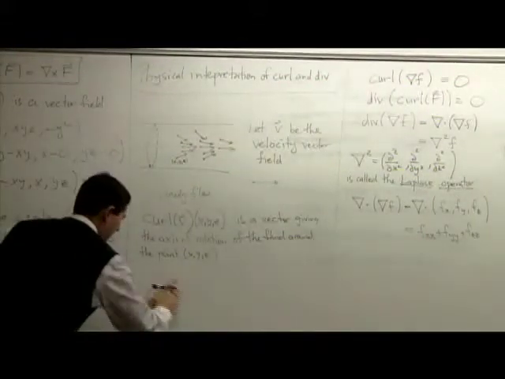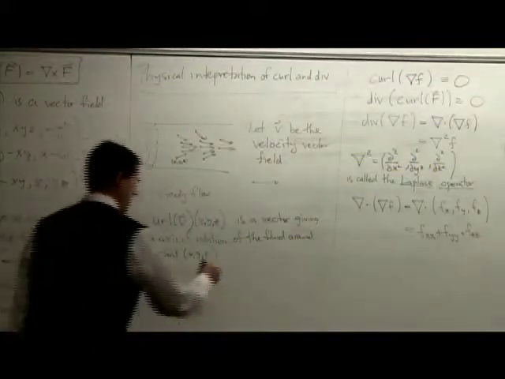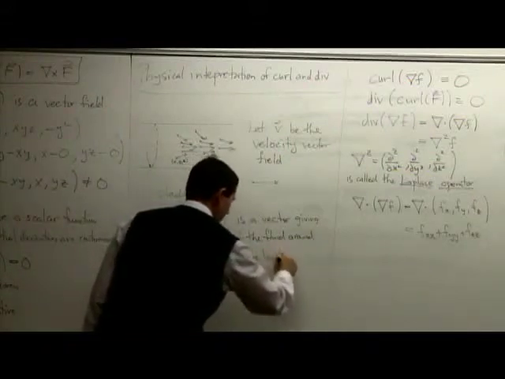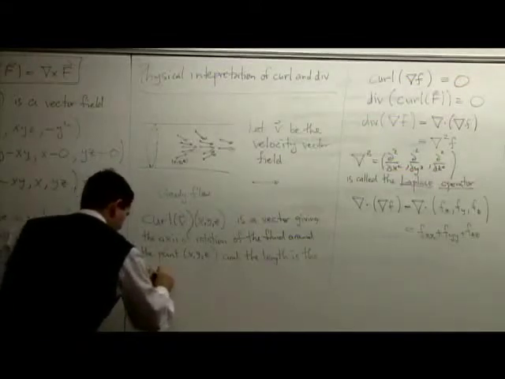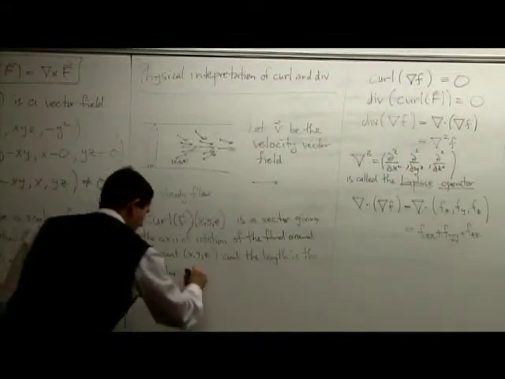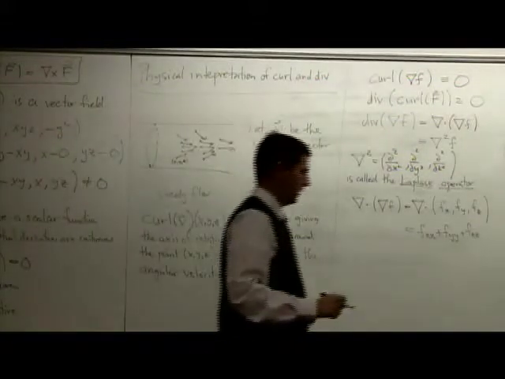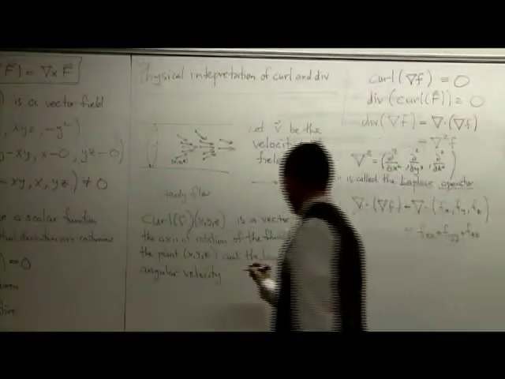Okay, so let me erase this, and I can say the vector gives the axis of rotation of the fluid around the point x, y, z, and the length is, I guess, the angular velocity. Is that what it's called? Or angular speed. Angular velocity of rotation.